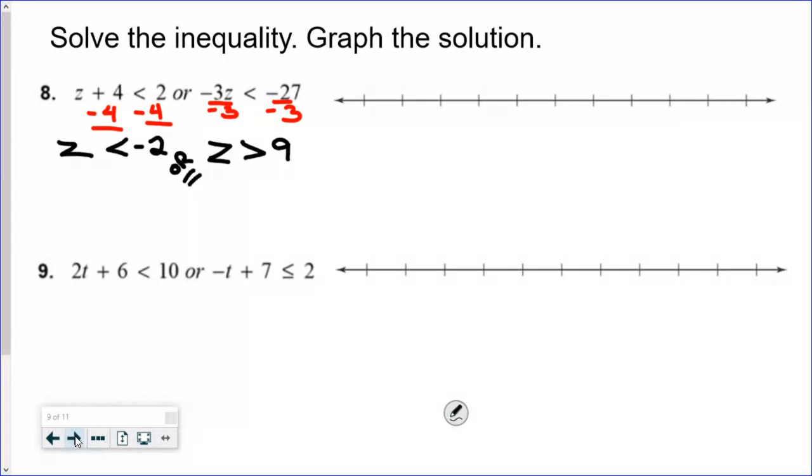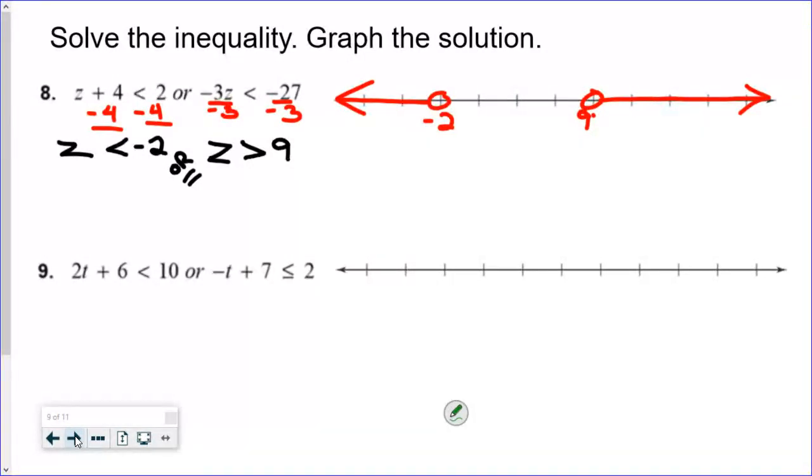When you're graphing, again, which one goes further left, which one goes further right, this one is a hollow circle with a matching arrow. And this one is a filled-in circle. No, actually, it's not a filled-in circle. It happens, I make mistakes too. Now the arrow matches that way. Make sure you have the word or between, and which number goes left, which number goes right. Don't forget the flipping rule. We did have to flip on one of those.